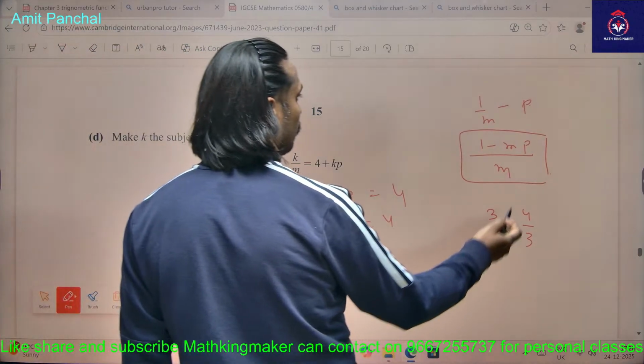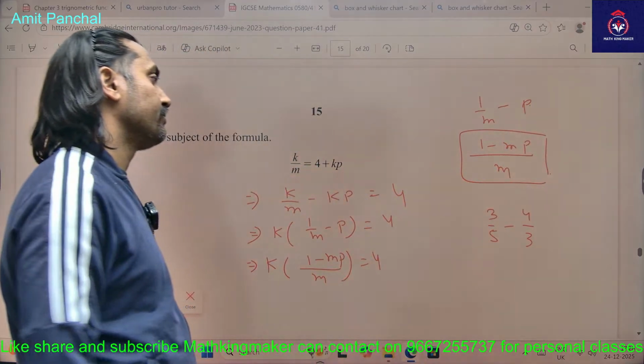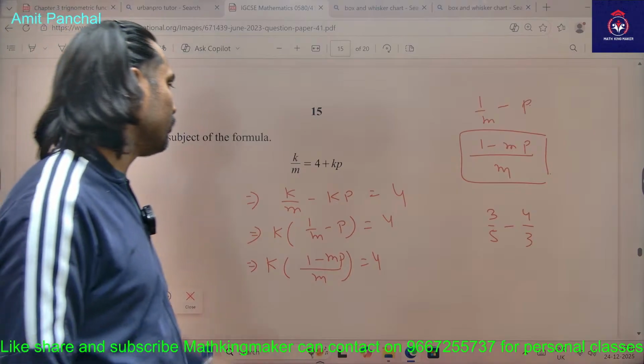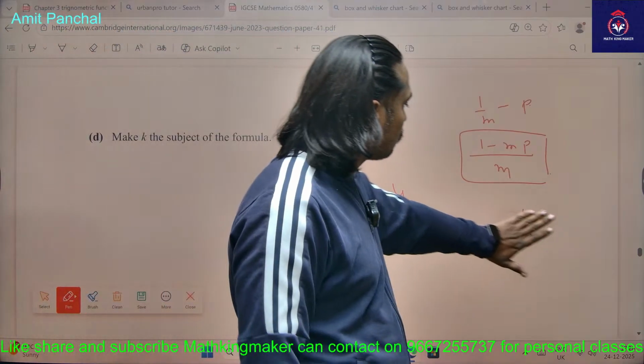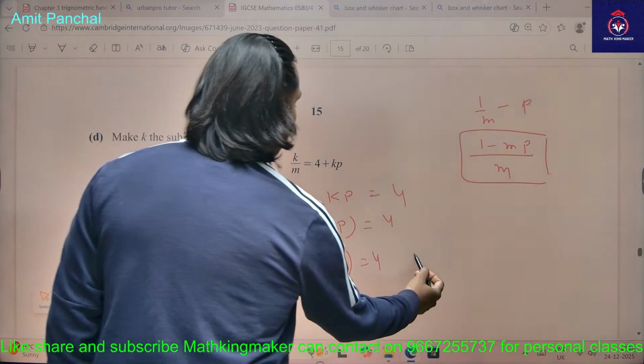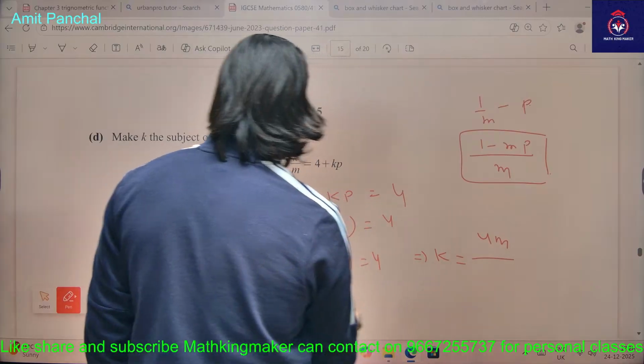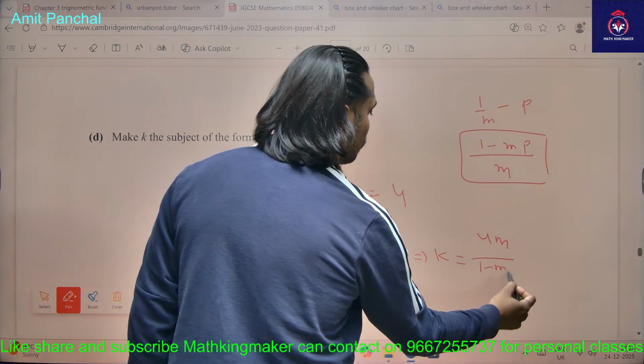Oh, you're multiplying M on both sides. That is the same thing I have done. So now K is 4M by 1 minus MP.